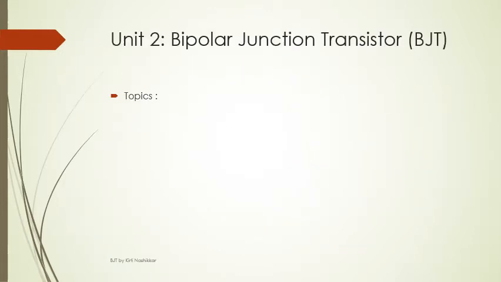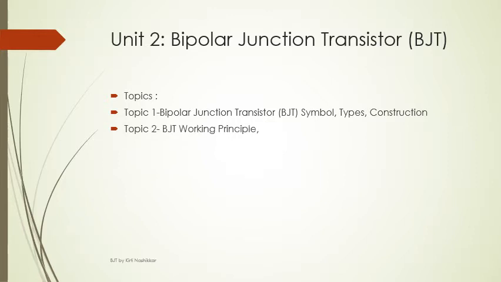So we are discussing BJT, and we have seen the construction of bipolar junction transistors, its symbol and types. Then we have seen how the BJT works. The working principle of NPN as well as PNP transistor was studied, and also the transistor amplifier configurations: CB, that is common base, CC, common collector, and CE, common emitter.